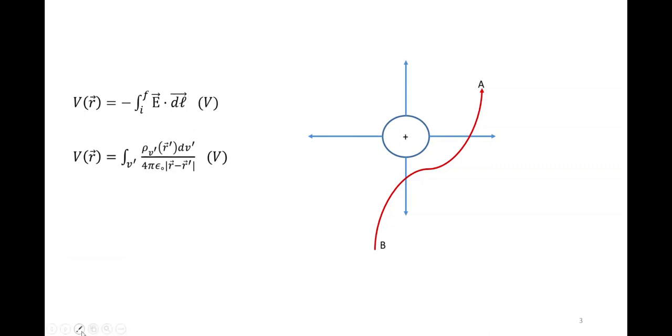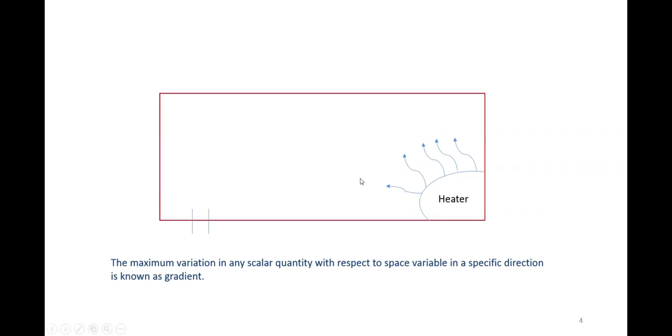So let us see what potential gradient is, and before going into detailed discussion I would like to first define what the gradient is. Let us consider a room in which we have a heater.